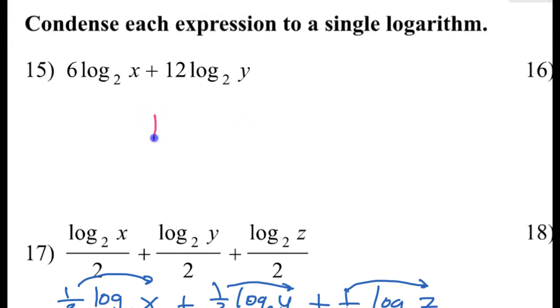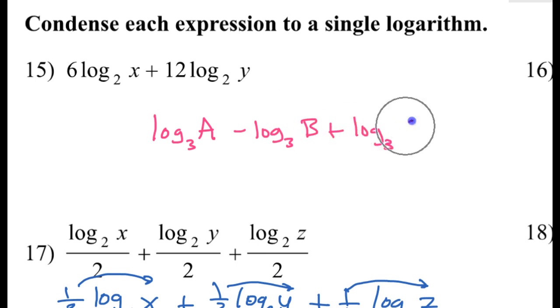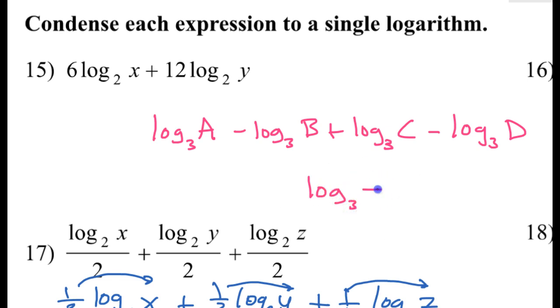Say I have the log, and I'll just throw a random base in here. Say I have the log base 3 of A minus the log base 3 of B plus the log base 3 of C minus the log base 3 of D. I can combine all of these into one log expression very quickly by realizing that all of the positive terms will give me a factor in the numerator.